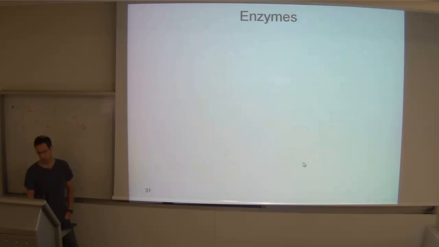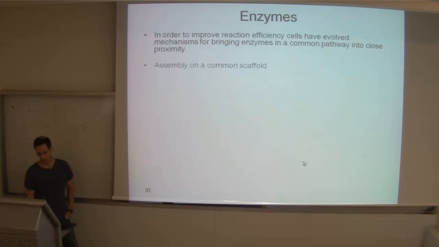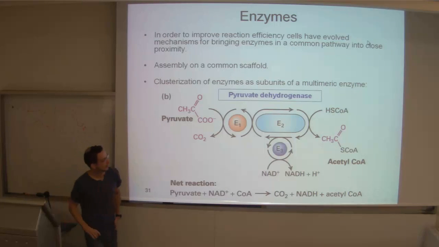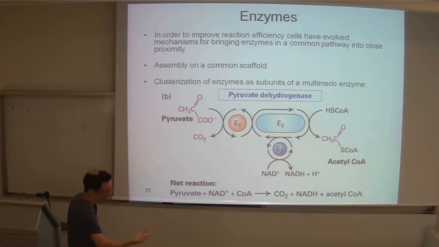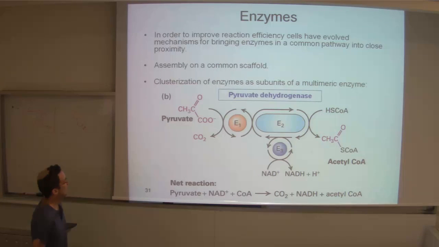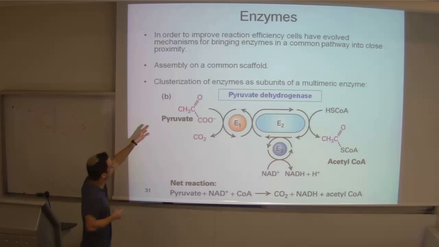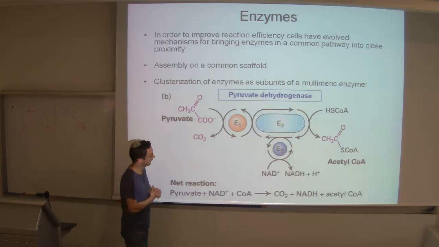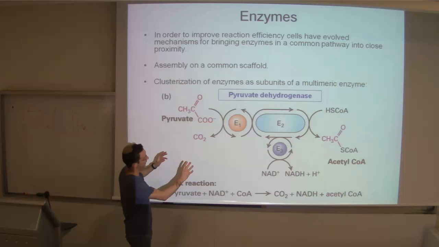Okay, a few more words about enzymes. In order to improve reaction efficiency for reactions that are coupled, you see most often in cells that enzymes are assembled on a common scaffold, like in the pyruvate dehydrogenase multimeric enzyme.